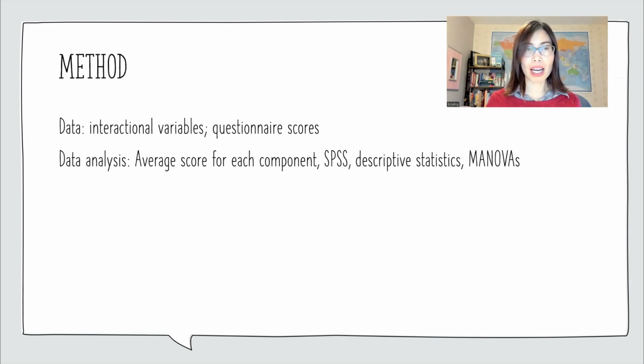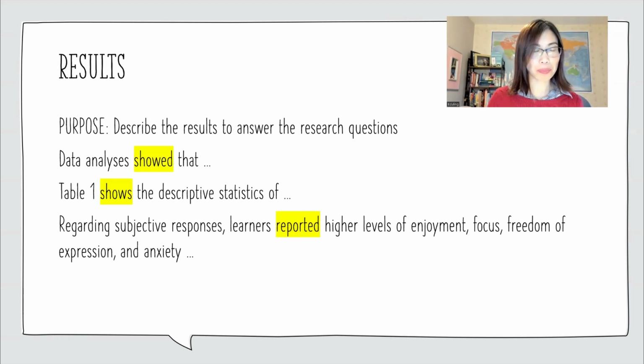In my paper, I calculated the average score for each component, for each student, for both tasks. And then I used a software application called SPSS to create descriptive statistics. And I also ran other statistical tests to analyze the data.